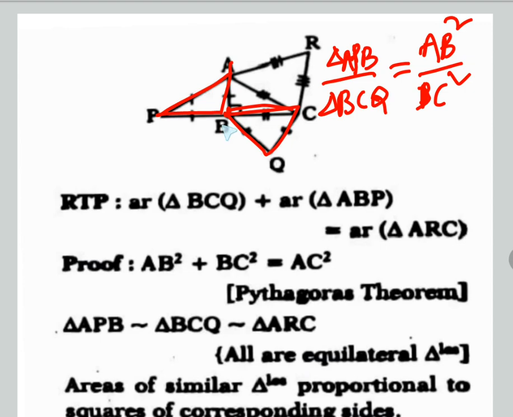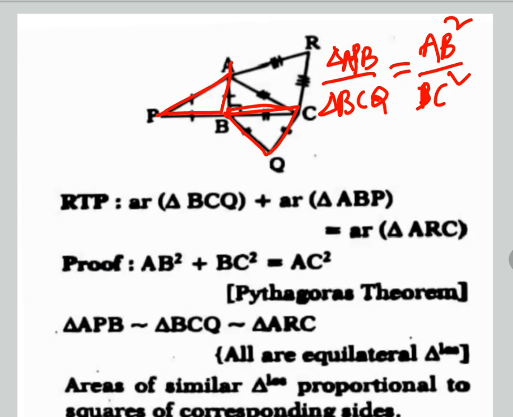APB by BQC triangle. These two triangles are similar, so AB and BC are the corresponding sides. The ratio of the areas of these two triangles is equal to AB square by BC square.